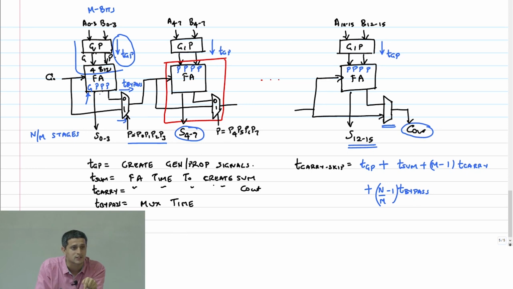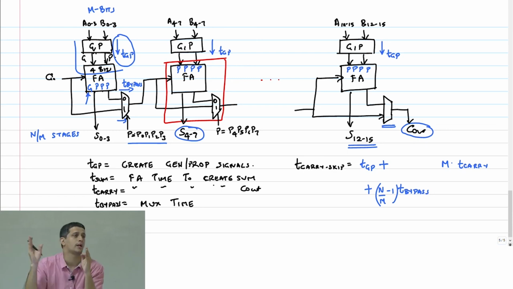But in the first stage, when I am rippling through, I don't have to wait for T sum to evaluate. I just have to wait for the carry out to be ready. While that propagates, this T sum will evaluate. So therefore, this also is wrong. It has to be M times T carry.